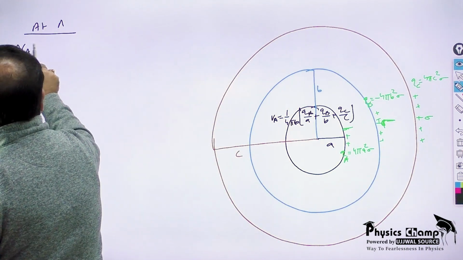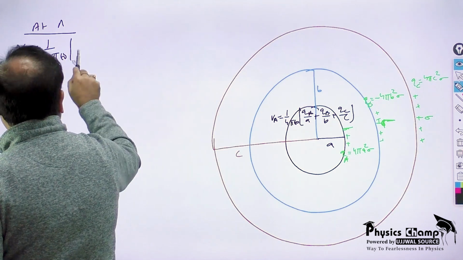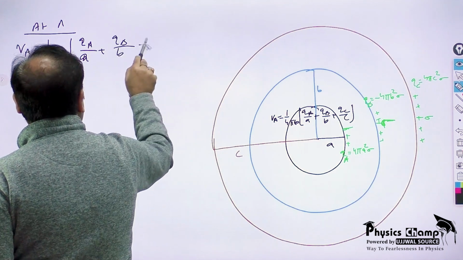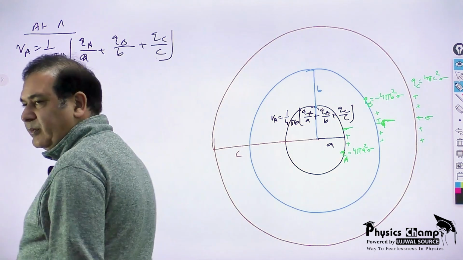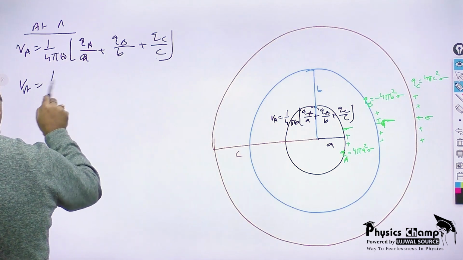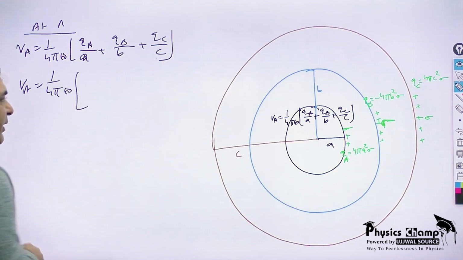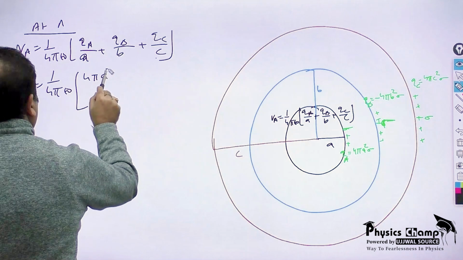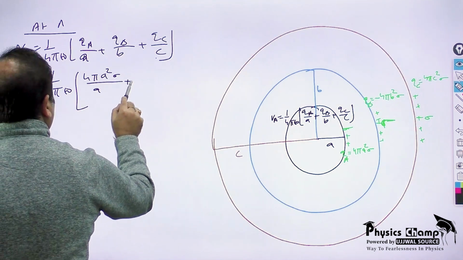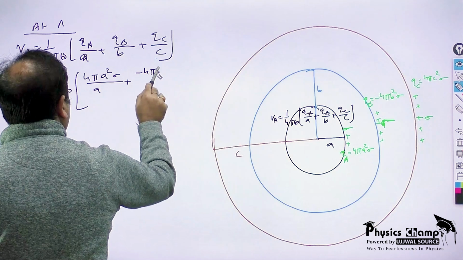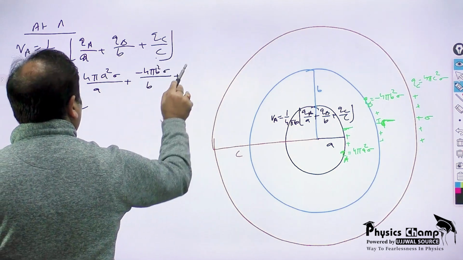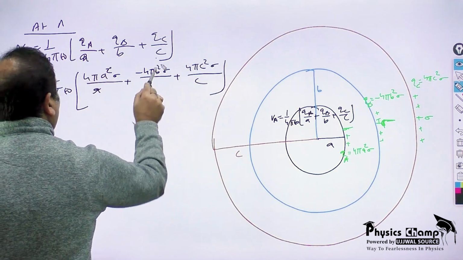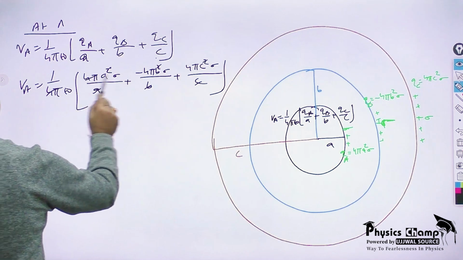So potential at A will be 1 by 4 pi epsilon naught into QA by A plus QB by B plus QC by C. When I say QA, it is 4 pi A square sigma by A plus minus 4 pi B square sigma by B plus 4 pi C square sigma by C. 4 pi also gets cancelled.